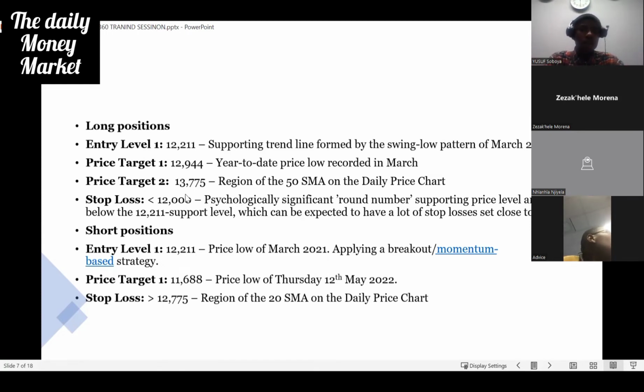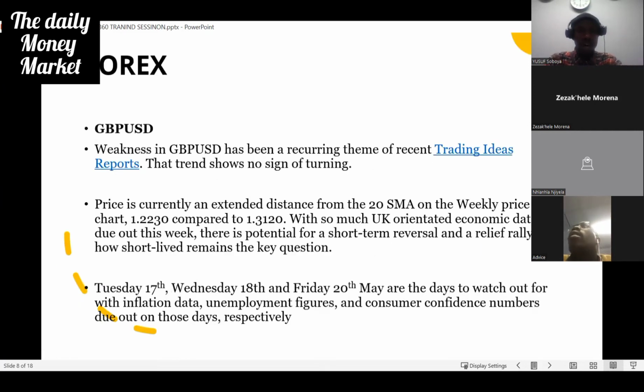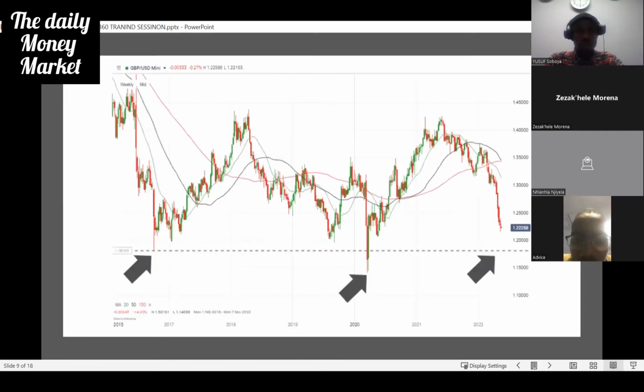The stop loss was put at 12,000 if you were trading the long trade for the whole week, or if you want to plan for the next day. So we're going to look at it on the NASDAQ chart so that we can see where this 12,000 is, where this 13,000 is, and where exactly this 12,944 is. So this is also the GBP.